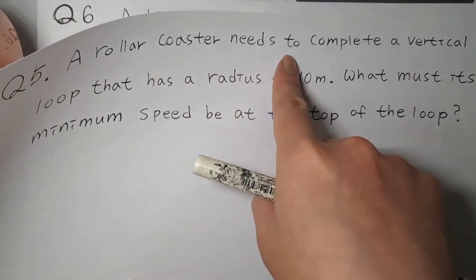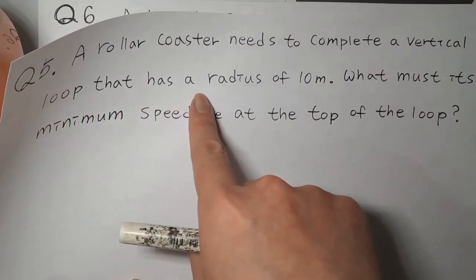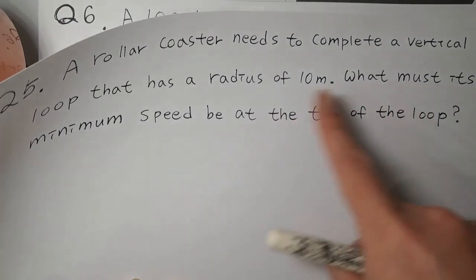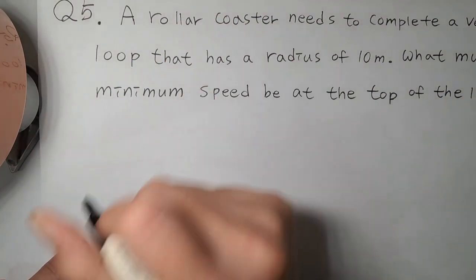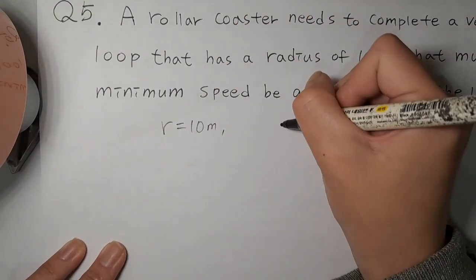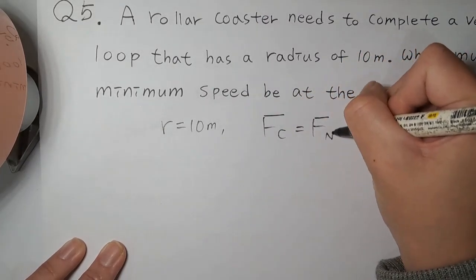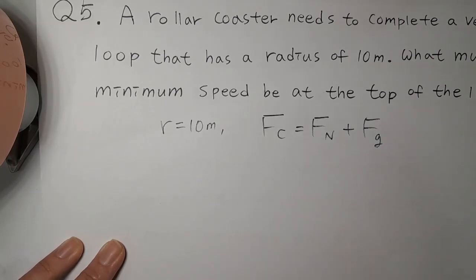A roller coaster needs to complete a vertical loop that has a radius of 10 meters. What must its minimum speed be at the top of the loop? So the radius is 10 meters. To solve for the minimum speed, centripetal force must be as small as possible.